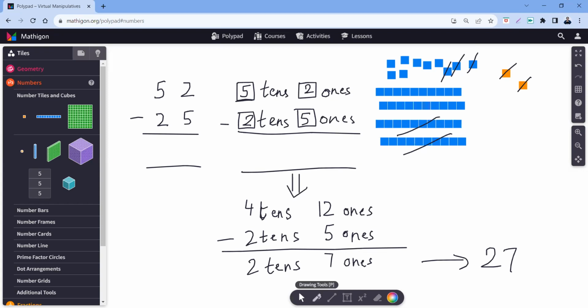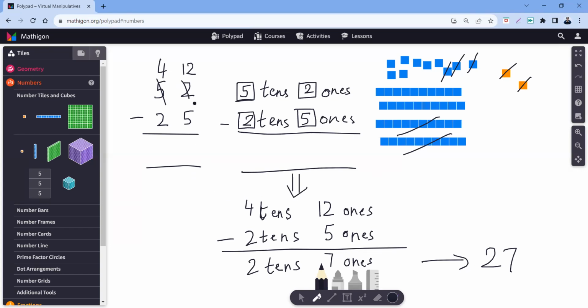So now only 4 tens will be there, because one of the tens you have broken. When we break it, we get 10 blocks. 10 ones you'll get. That 10 ones and these 2 ones together become 12 ones now.